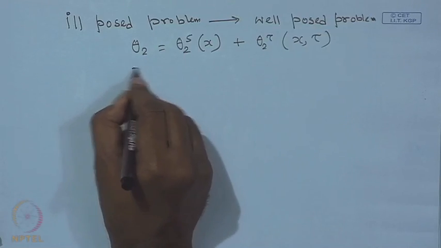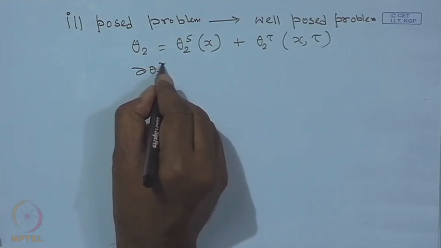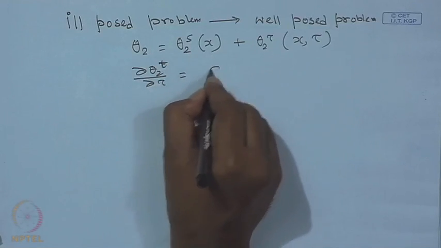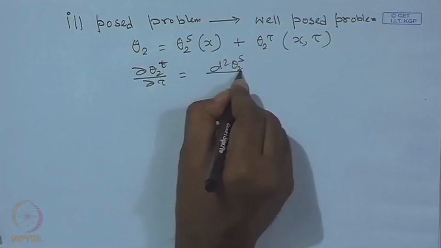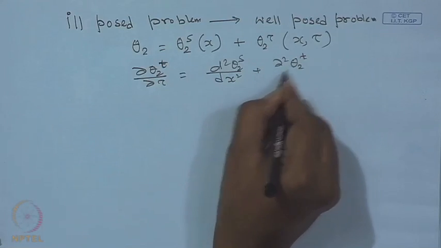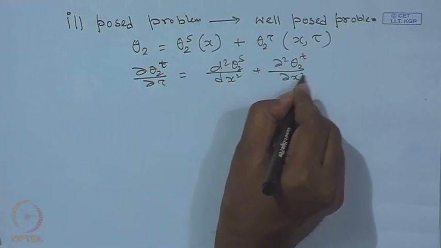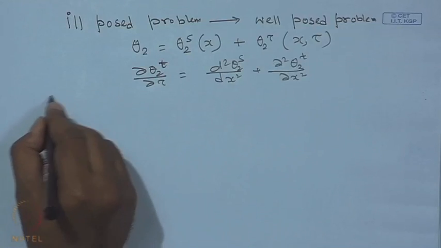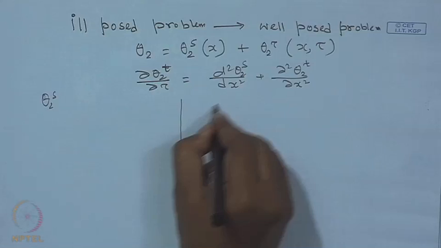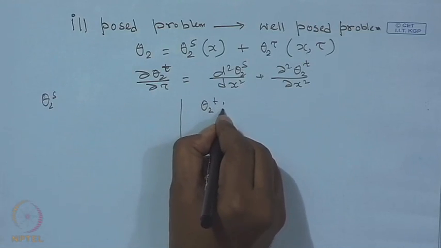So, this becomes del theta 2 t del tau is equal to d square theta 2 s d x square plus del square theta 2 t del x square. So, we define theta 2 s and we define theta 2 t.